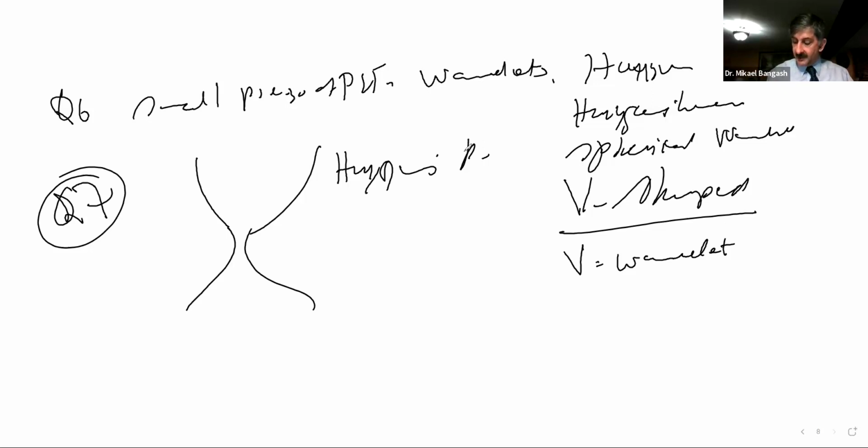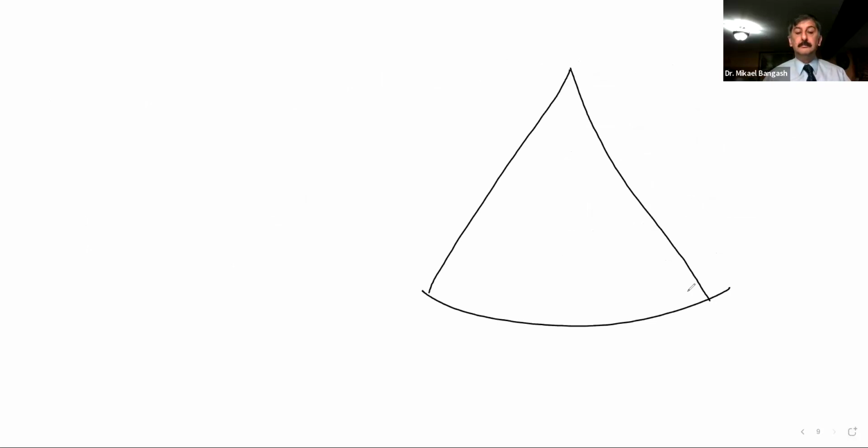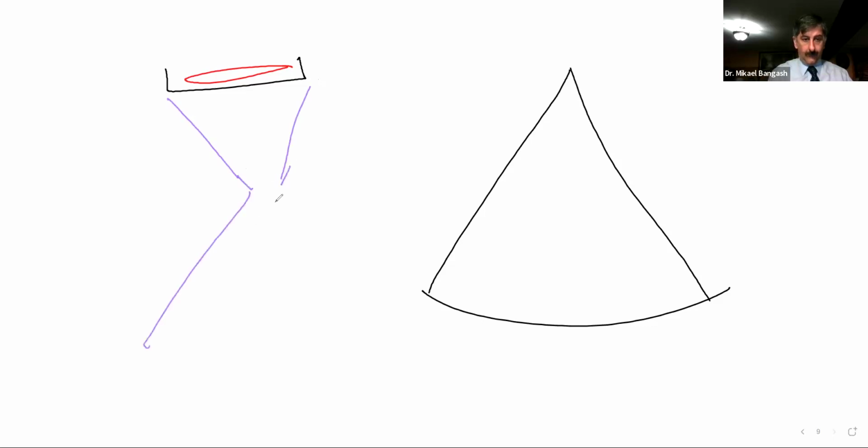Now, which of the following locations is deepest? Which other way do you want to look at it? You can say, okay, if this is an image, or if this is a transducer with the PZT, in which we have a beam, for instance, right?